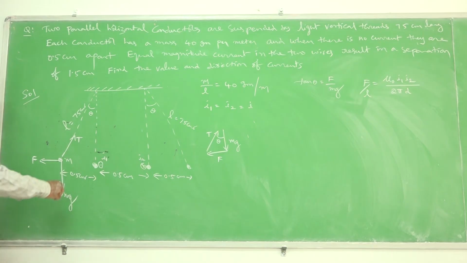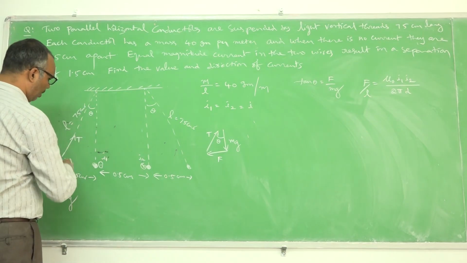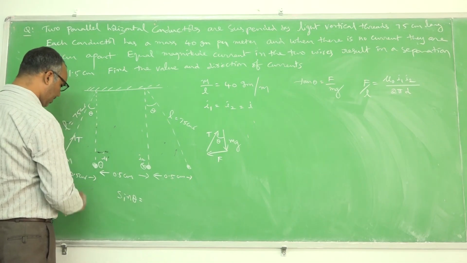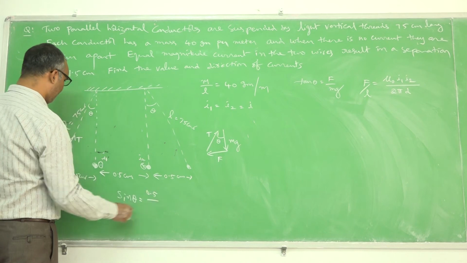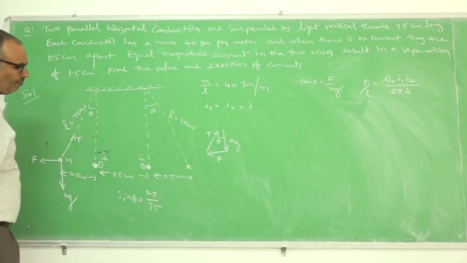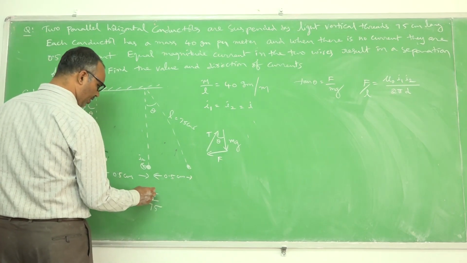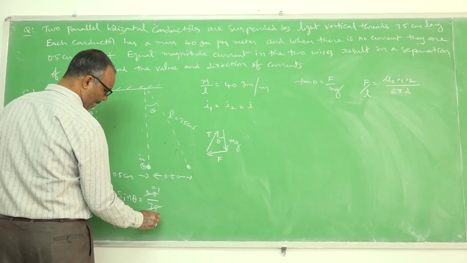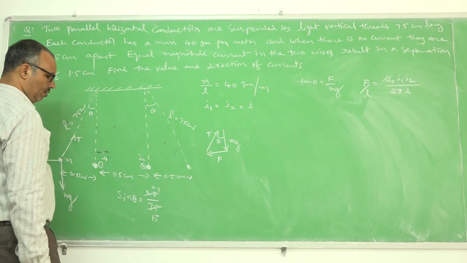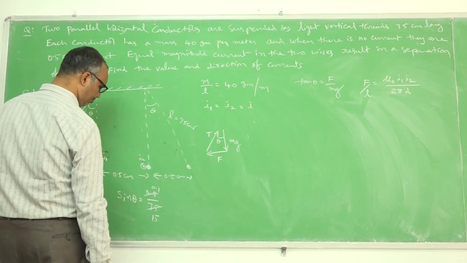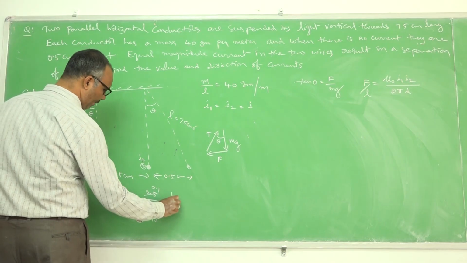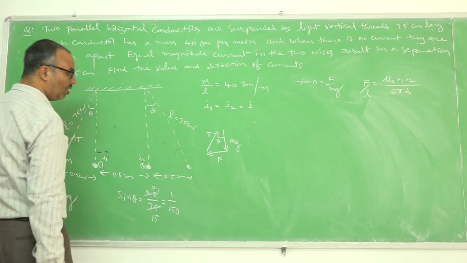Here you are given the opposite side length and hypotenuse length. So sin theta is equal to opposite side 0.5 by hypotenuse 75. Otherwise, 1 by 150 is the value of sin theta.